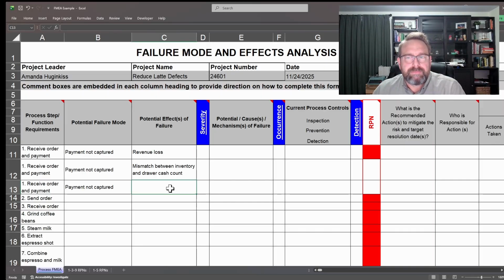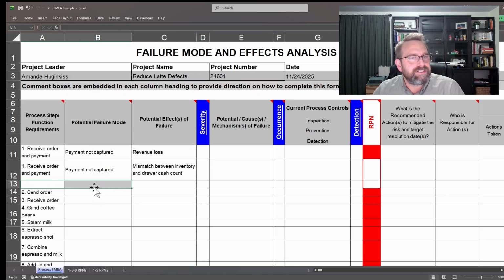I think there could be a longer reconciliation. That could be an effect of the failure mode, but I don't think that's a separate thing. So I don't know if we need to go any further with this one. So again, we can hash this out with our team. So maybe we'll stop there with the effects of payment not captured.